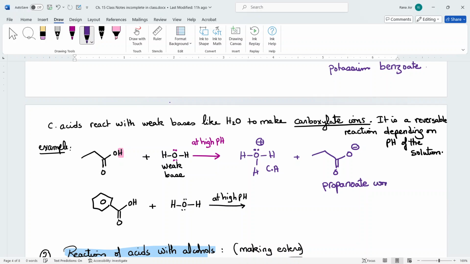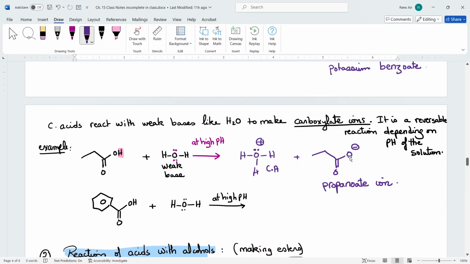We call it an ion in there. If you want to be specific, then this is called hydronium ion. You don't have to name that, but this is the positive charge that balances the negative charge.